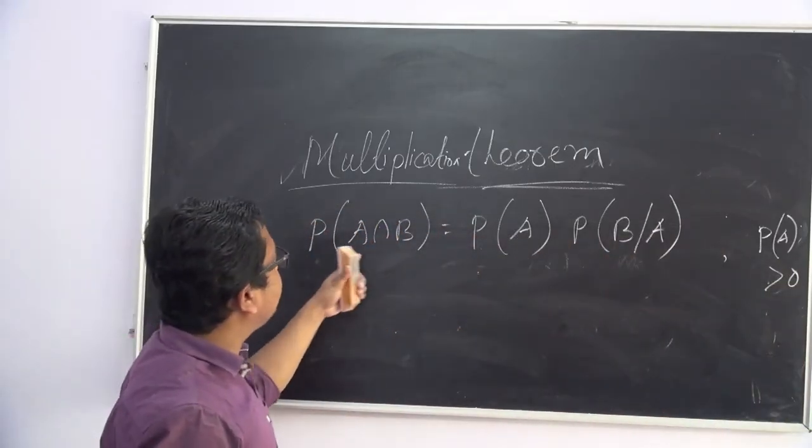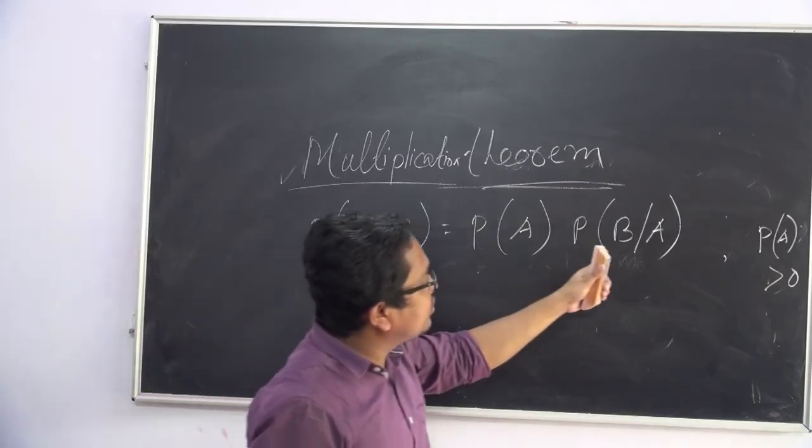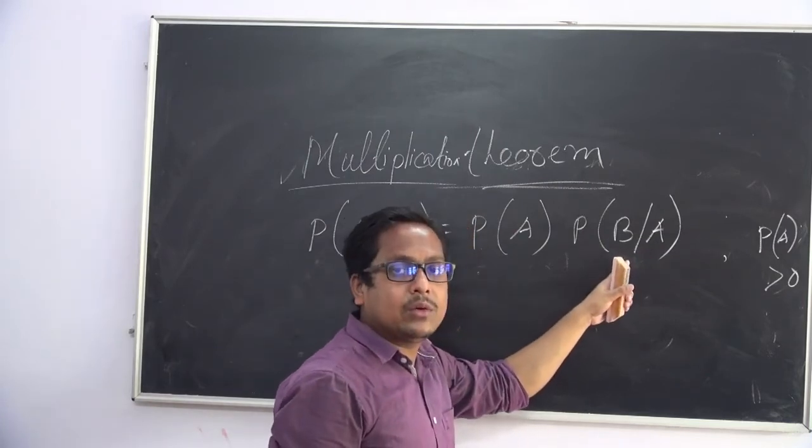We know that simultaneous occurrence of both events is the probability of A intersection B. Now what is this probability of B given A? This is known as conditional probability.